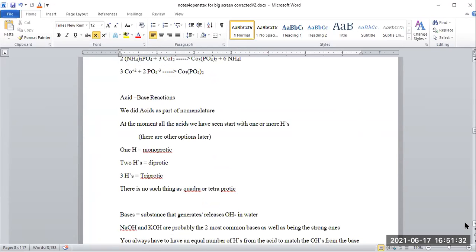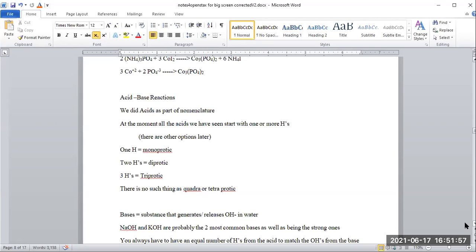One of the things that you also hopefully began to pick up on as we went through some of the acid naming is that some of them have a single hydrogen at the beginning, some of them have 2, and some of them have 3. And there is some terminology that applies here.